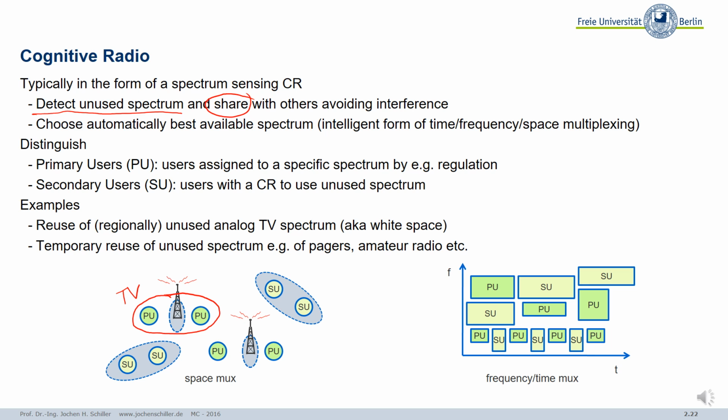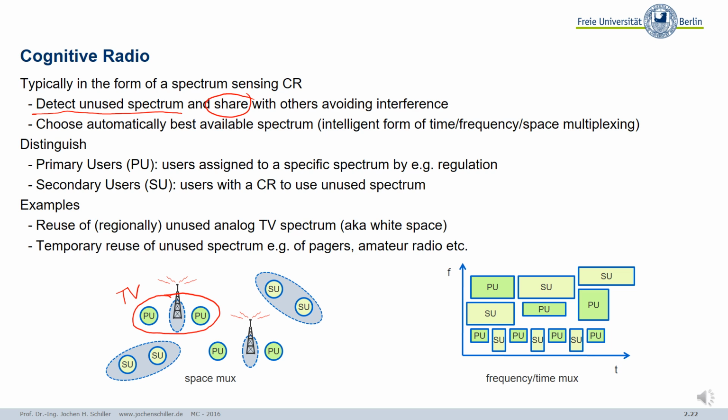Then it's not allowed to use the spectrum in this region for some other secondary users. But there might be regions where there's no analog TV anymore, or there has never been any analog TV, think of desert or whatever. Then you can reuse, if you need it somewhere in the desert, you can reuse the spectrum there. So you can reuse, for example, unused analog TV spectrum, so-called white space.